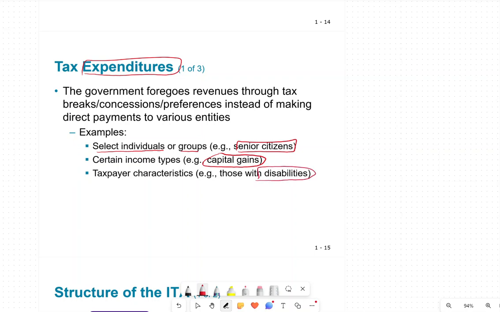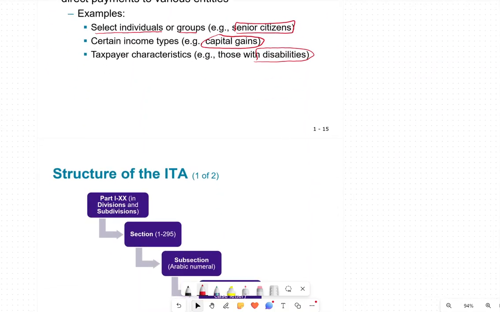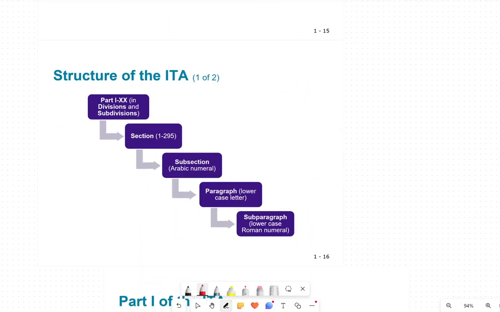So the government forgoes some of the taxes on the revenue. This is just the structure of it, but we're going to learn about all of these sections.